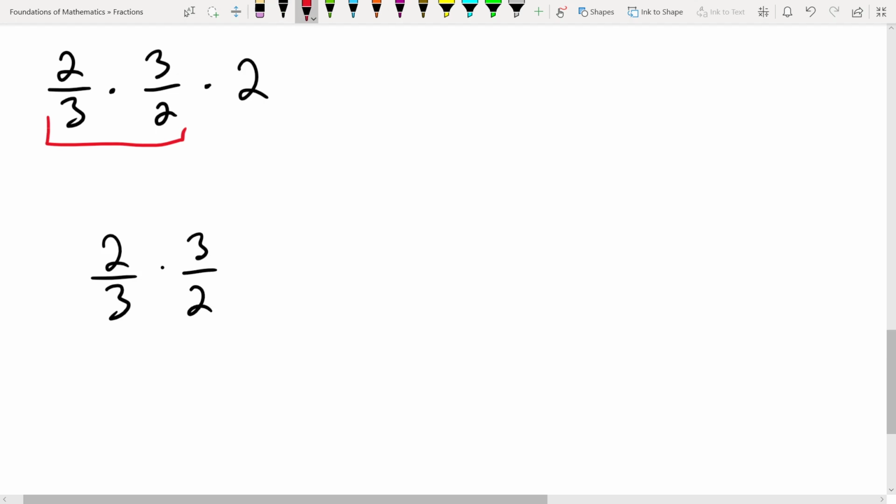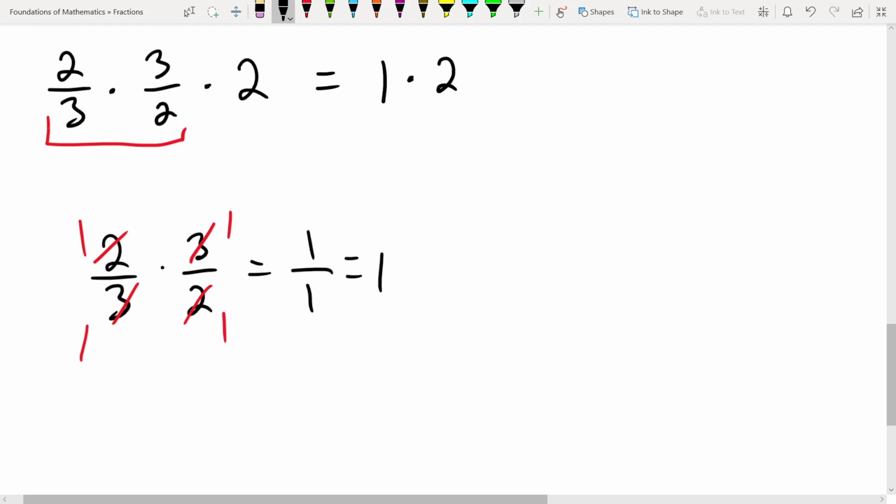Here you can see we can cross cancel. 3 and 3, we can just divide by 3 there. And then divide by 2 there, giving us 1 over 1, which of course is just 1. And now we see that this is going to be 1 times 2. We don't even have to do fraction multiplication because this is just 2.